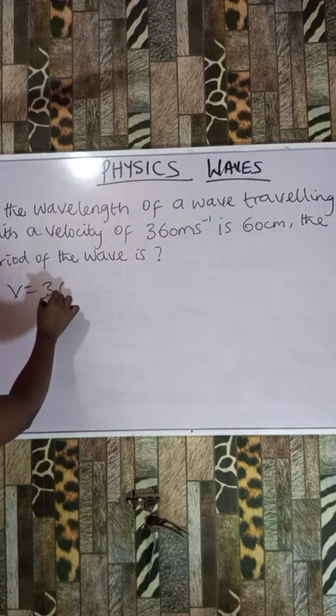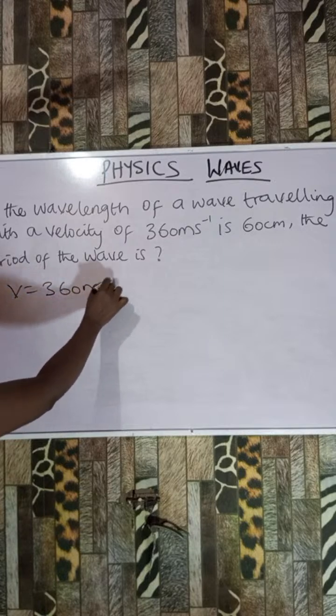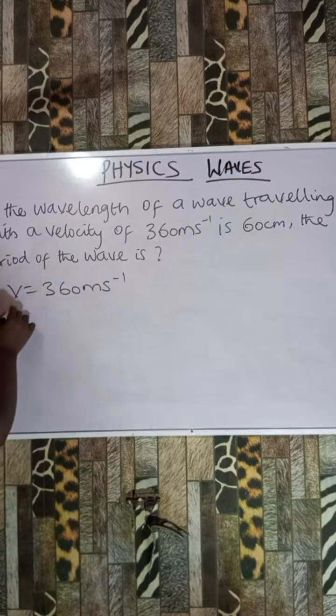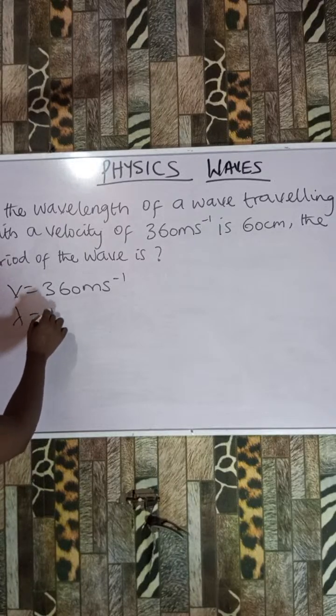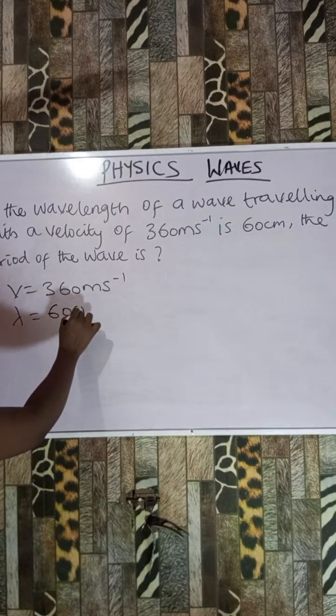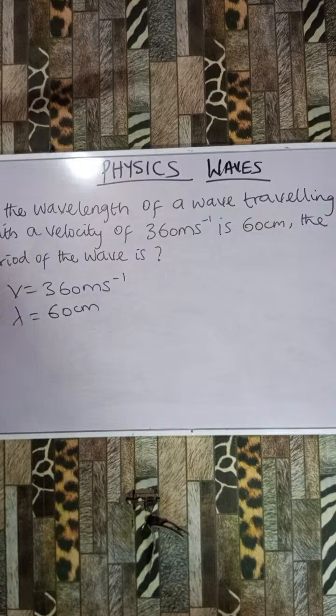Now, let's take the parameters we have. We have that the velocity is given as 360 meters per second. We have that the wavelength is given as 60, right? We are looking for the period of the wave.